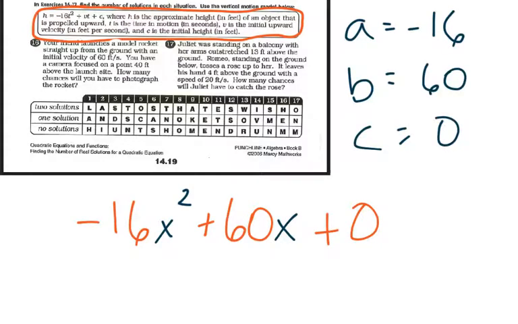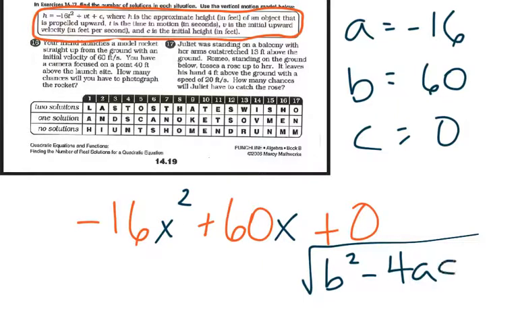The fact that C is 0 makes our job a lot easier. Because watch what happens. B squared minus 4AC. Well, B is 60, so we're going to have 60 squared in here. And then A is -16 and C is 0. Well, anytime you multiply by 0, anything times 0 is 0. 1,000,000 times 0 is 0.